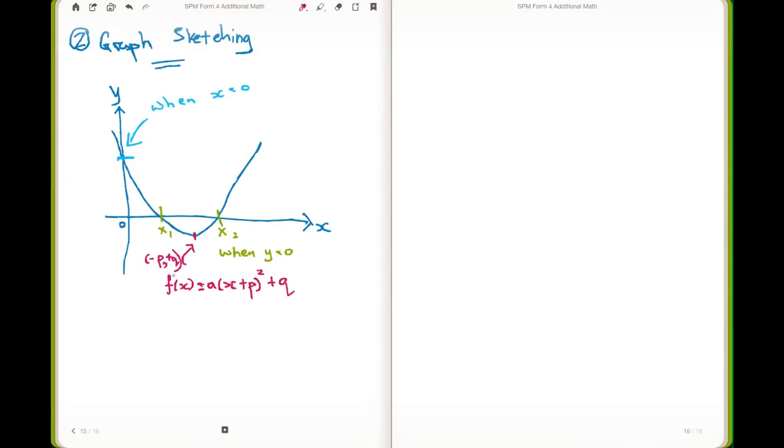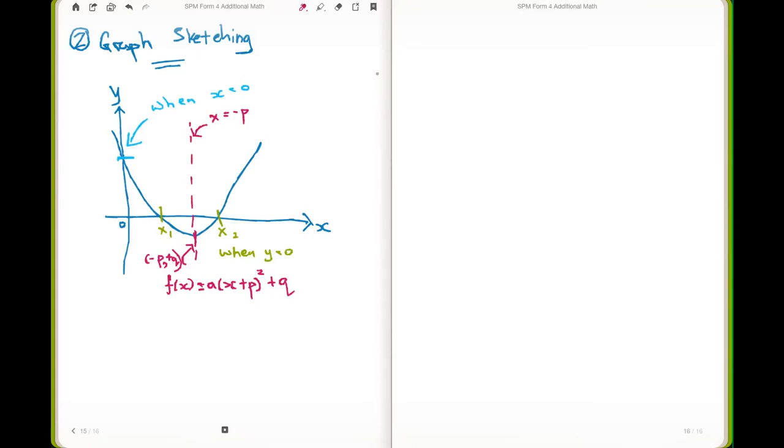There are times when you are asked to tell the axis of symmetry, and the axis of symmetry is the middle point between x1 and x2. This is x equals to negative p, because the p could be a negative number, so you get a positive number for this instance.